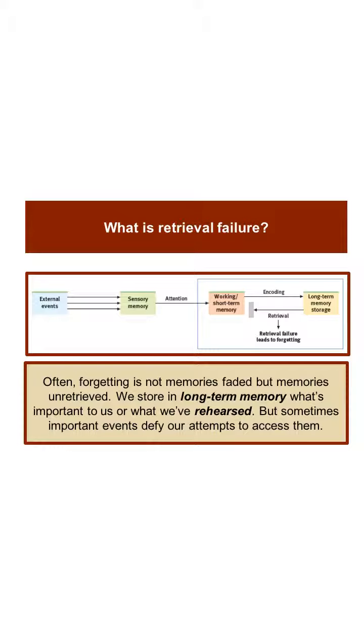Memories have gotten all the way to long-term memory, right? They've gone through all this encoding and attention, but then we are unable to retrieve. So there are several concepts that we need to associate with this reason for forgetting.